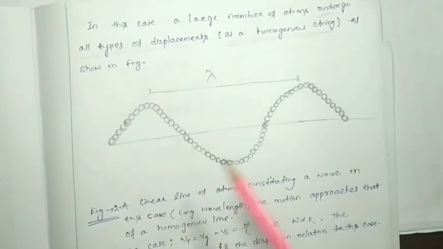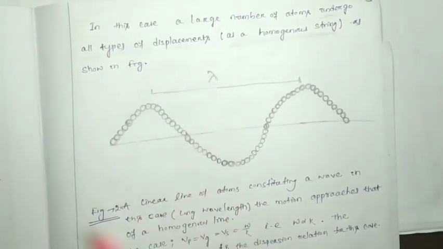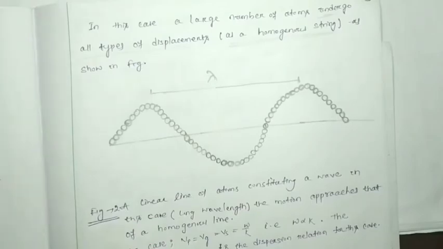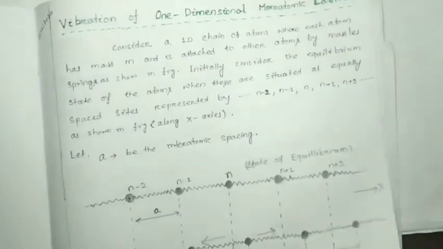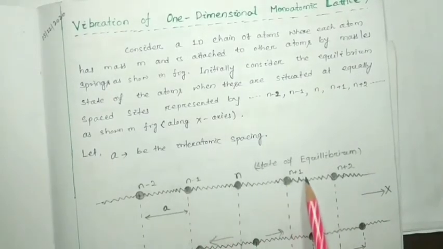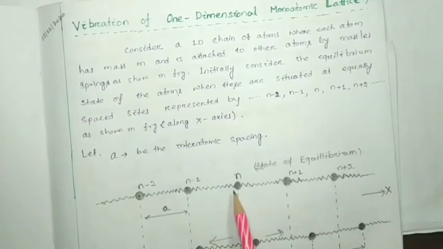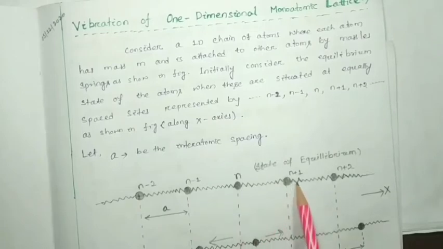Here we can say that all the atoms are in phase, meaning they are moving with a phase. I can show you that in this vibration, all are moving in one direction or all are moving in the other direction. For low frequency, all the atoms are either moving right or moving left.